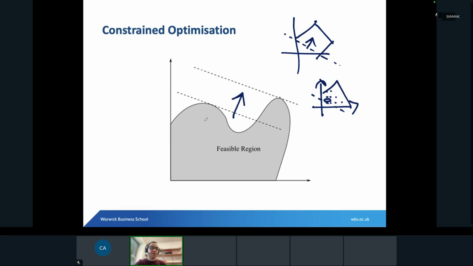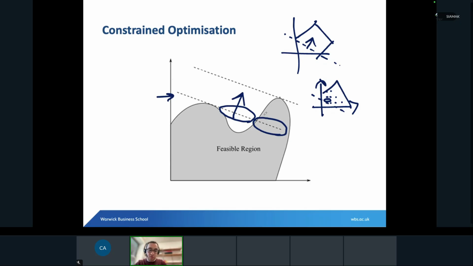But here you can see we have the same issue as in integer programming. When you move the isoline of the objective function toward the direction of improvement, some parts remain inside the feasible region, whereas other parts may not. So some part of your isoline is leaving the feasible region.